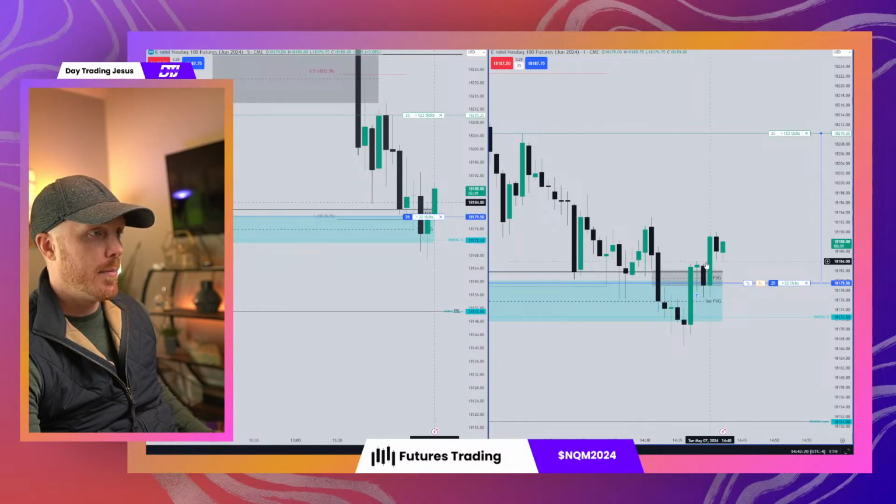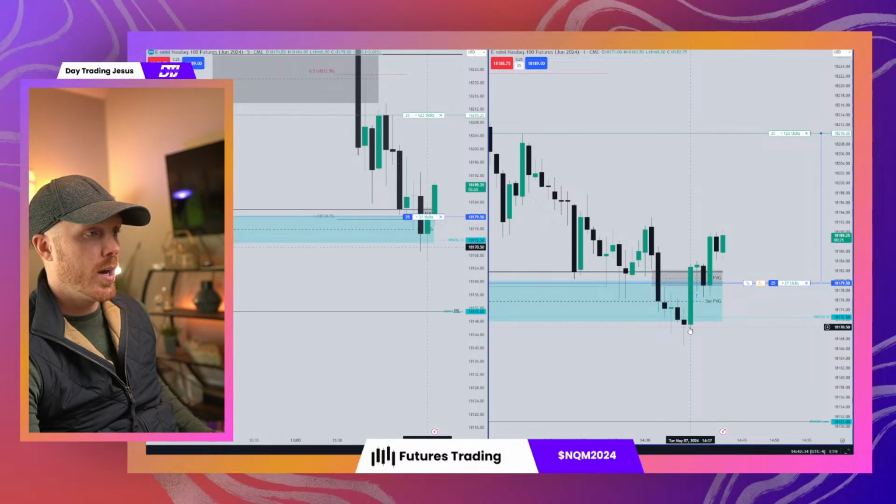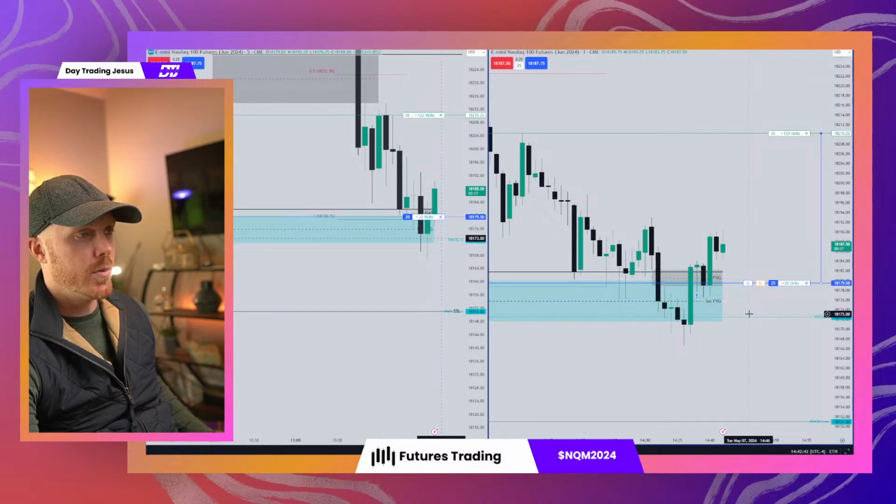Tapped the fair value gap again and didn't quite touch the bullish order block, which is sitting right here, but now we're moving higher. See this? See, we ran liquidity, we have a fair value gap, we're inching lower, and then we have this bullish green candle and it closed above this fair value gap. That's just bullish signature in price that it's hard to ignore.